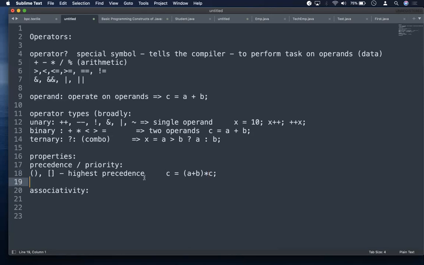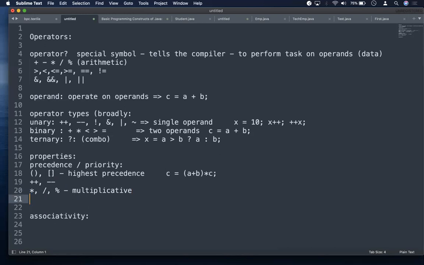Then the multiplicative operators have the next highest precedence, and before this you will have the increment operators. Actually, plus plus and minus minus operators have higher precedence when compared to the multiplicative operators.